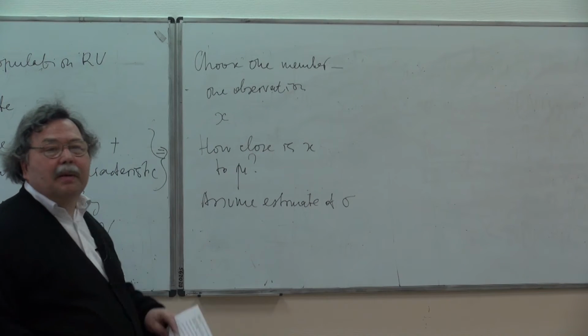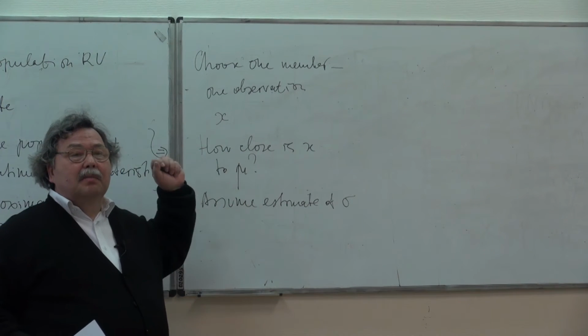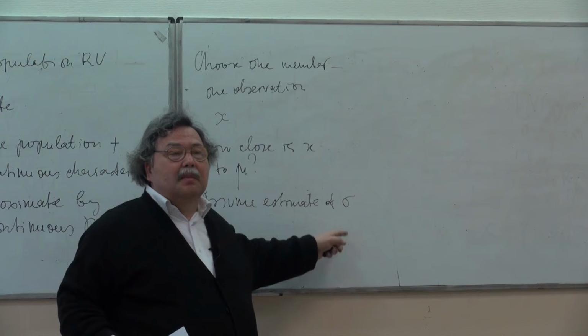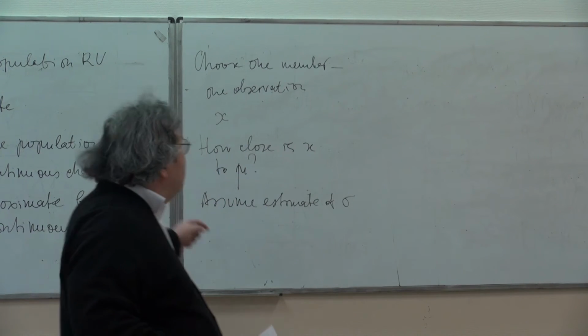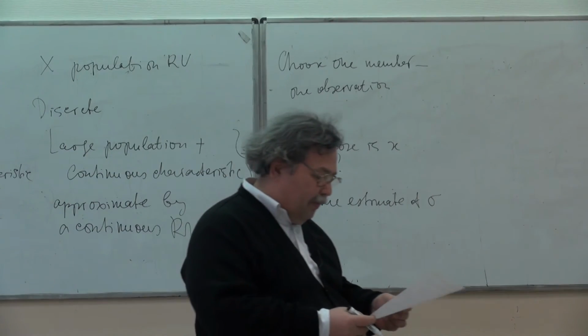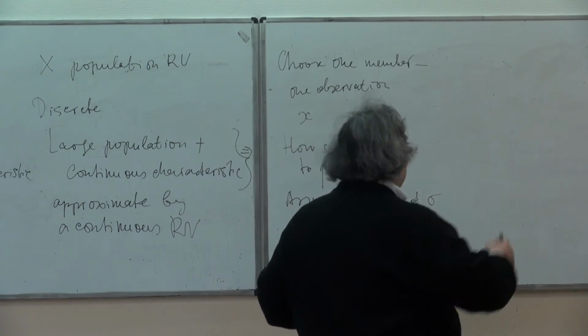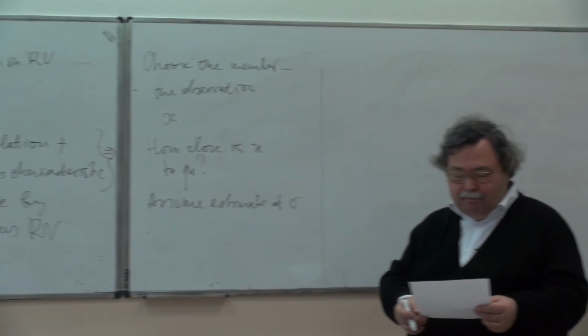Then, if we have one particular measurement and an estimate of sigma, we are already capable of saying something about x, about the variable. And this something follows from Chebyshev's inequality.